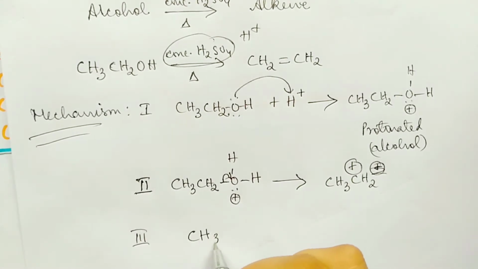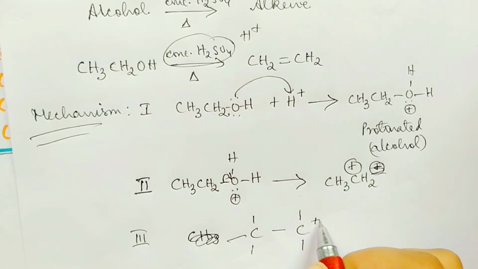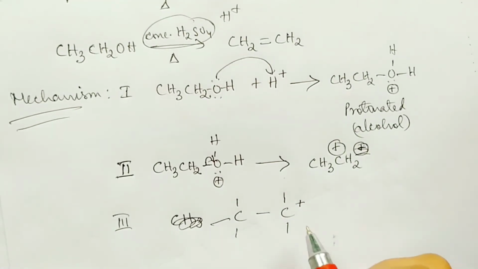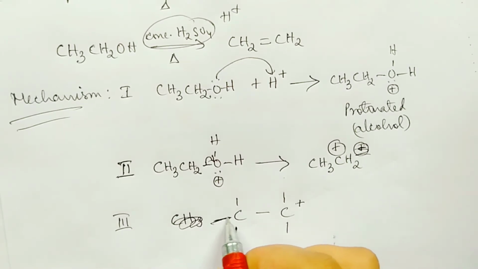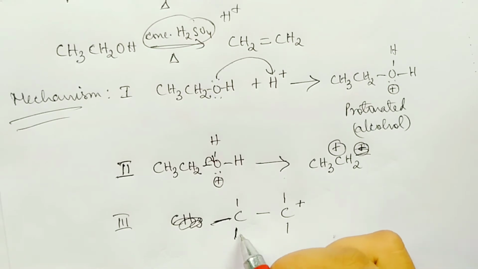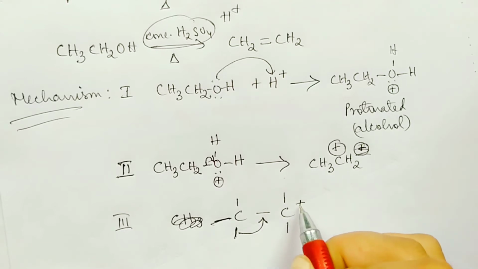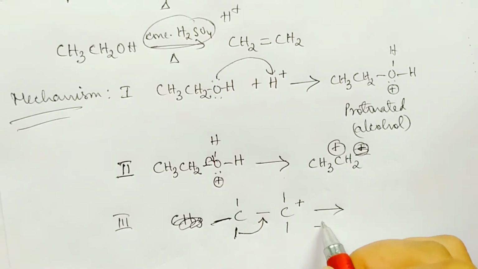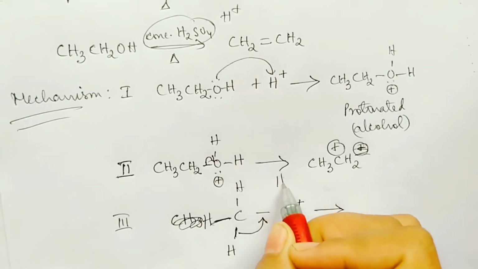And next, this carbocation, 1, 2, 3, and then 1, 2 with a positive charge. There should be a loss of proton. So these electrons here form a double bond here so as to neutralize the positive charge, and we have the loss of a proton.